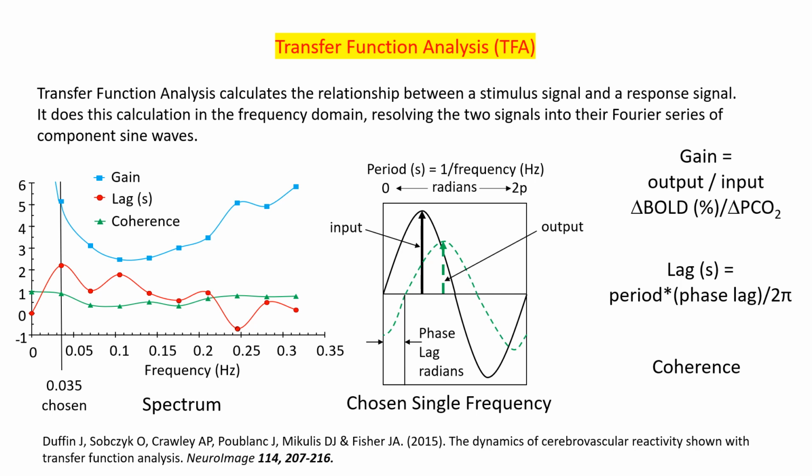The resulting three measures are displayed as spectra, such as that from an example voxel spectrum shown on the left. For the BOLD response to CO2 test, I chose to map the gain, phase, and coherence at a particular low frequency where the coherence was high.